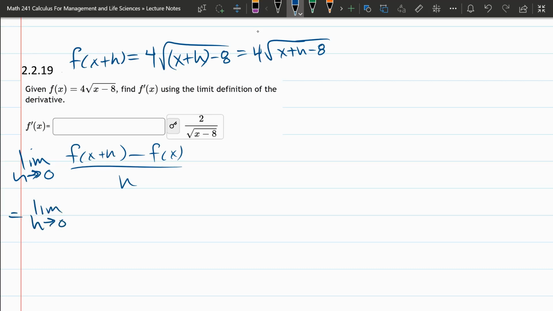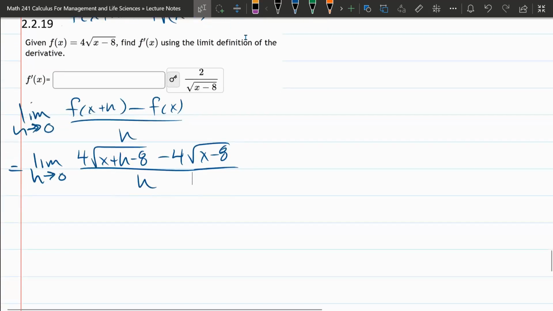Limit as h approaches 0 of 4 square root of x plus h minus 8, minus the regular f of x, which is written again right there, 4 square root of x minus 8, all of that over h. Okay, what to do next?